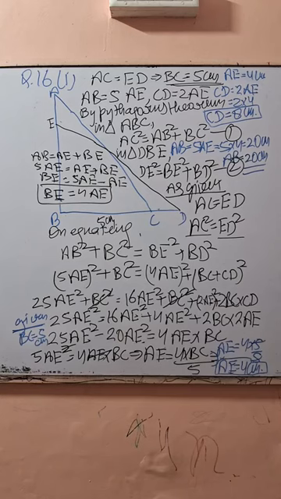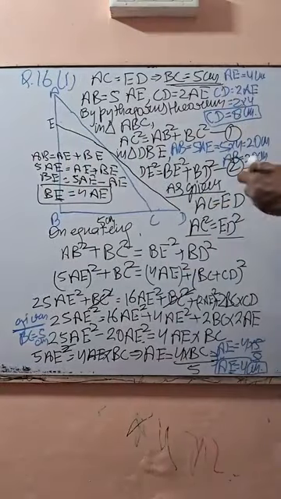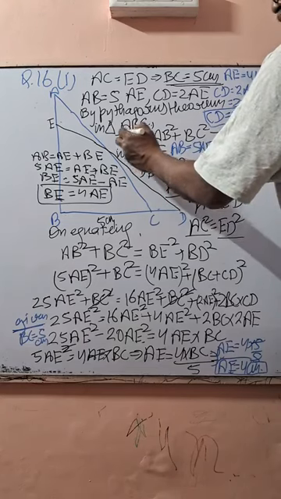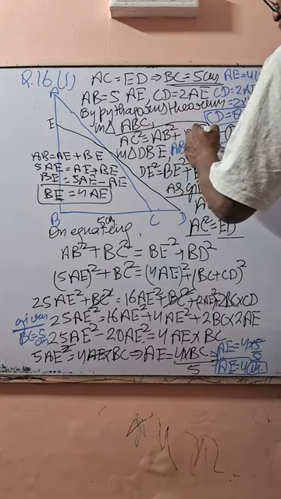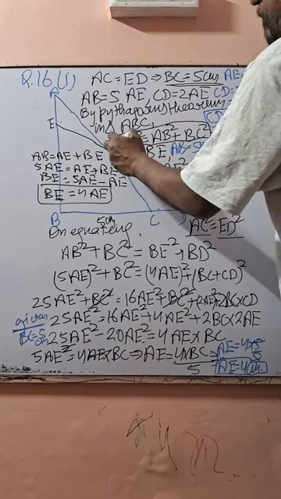So AB, CD, AE, we find. Now we have to find AC. Okay, so here we have AC. This is the equation.